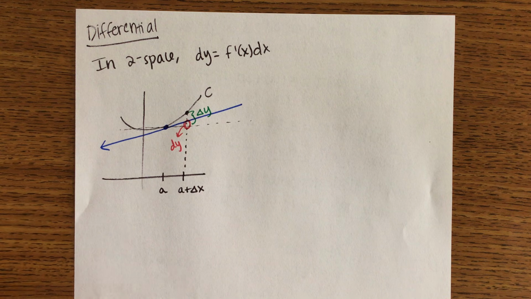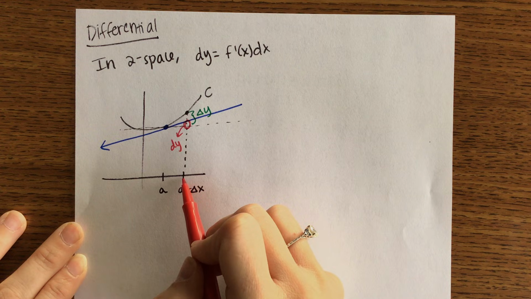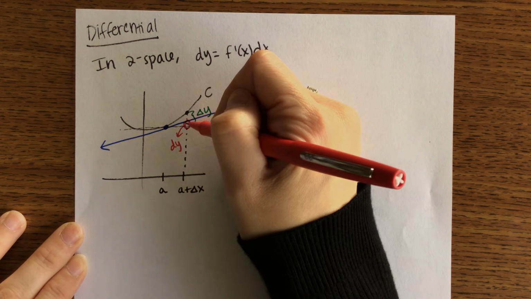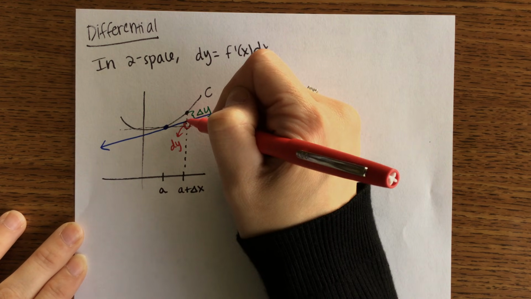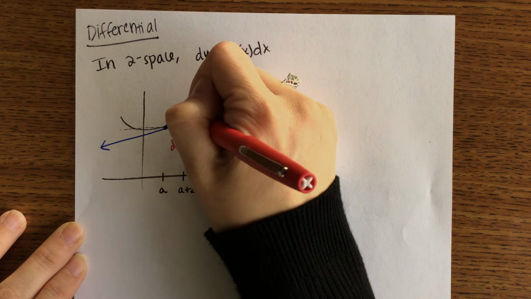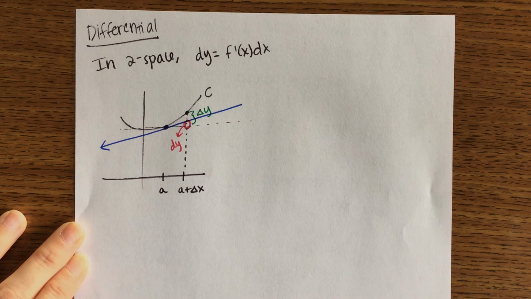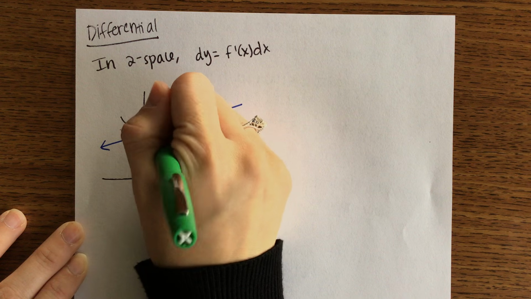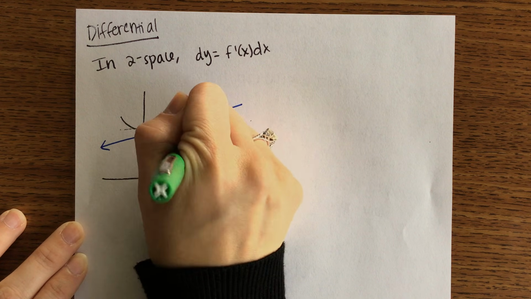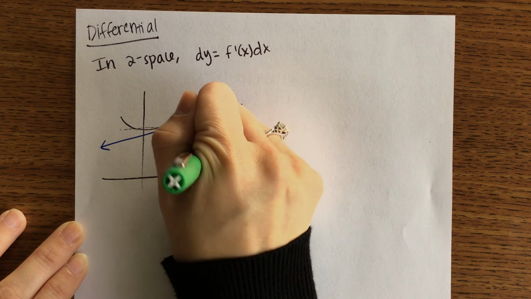That would be if we used our tangent line to approximate the value of y at this new x value. Do we see that this is the change now between our estimate and the actual value? So this right here would be that little bit of error. You guys with me? Okay. This part here is dx. So dx is just the change in x.